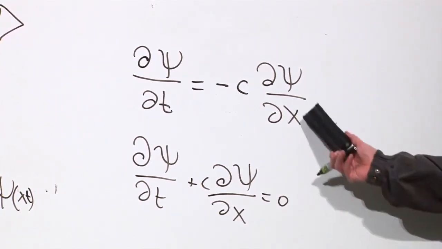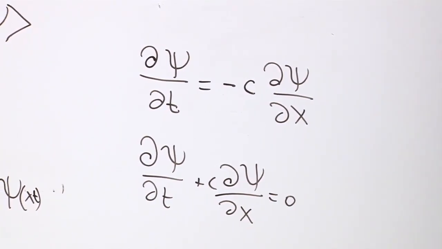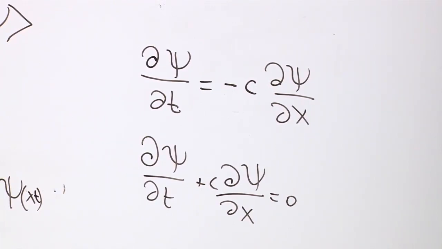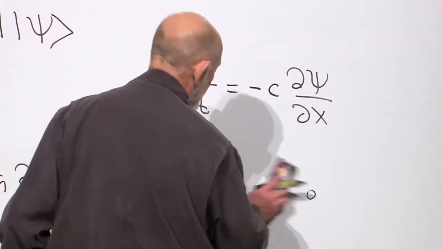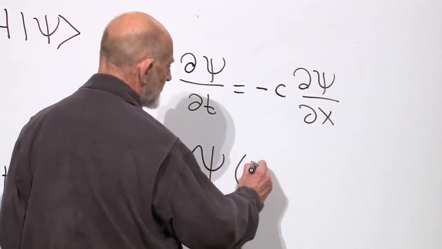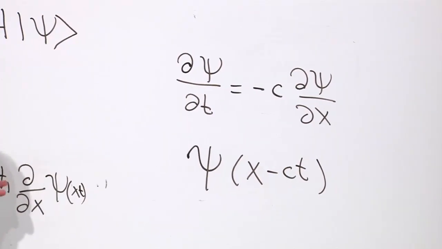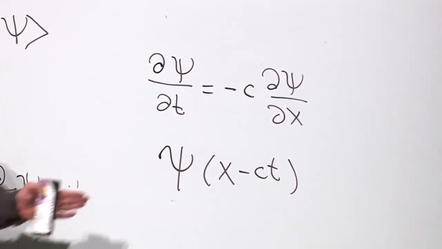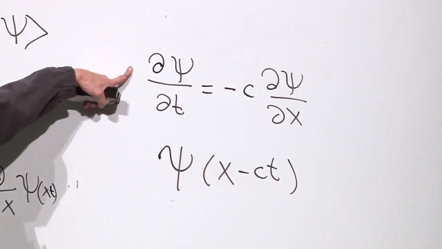Anybody know what the solutions of this equation are? The general solution? A function of x minus ct. Any function which is a function of x minus ct, in other words, it doesn't depend on x and t separately, it only depends on the combination x minus ct, will solve this equation.